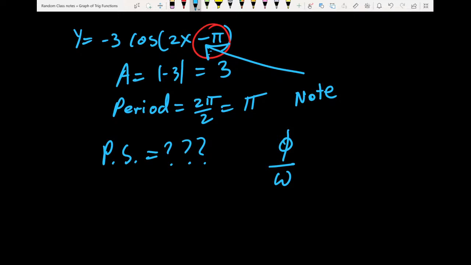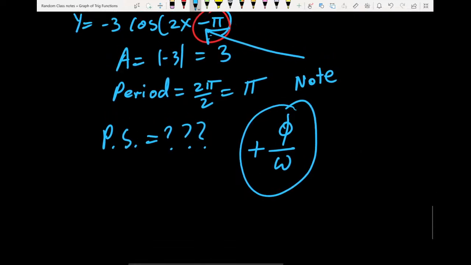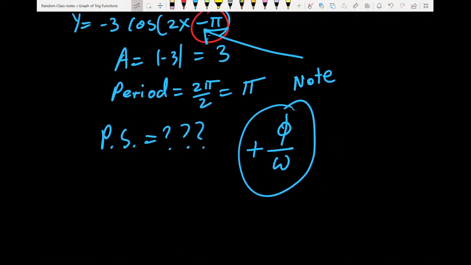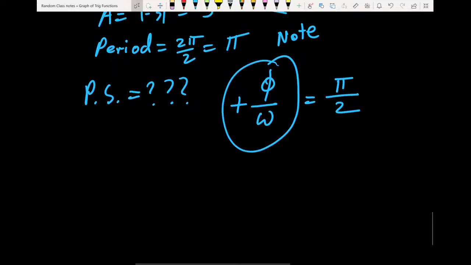Therefore, inside the function, the phi is negative. So therefore, the phase shift is going to be, in this case, positive, right? So what will the phase shift look like? Positive pi over 2. That's my phase shift. This is your new starting point.